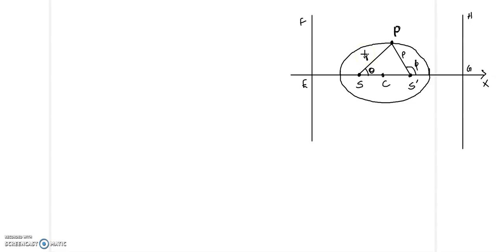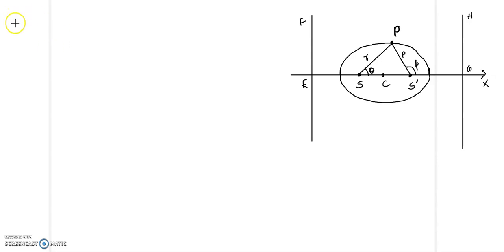So using those two equations, with respect to these two foci S and S dash, we will obtain a ratio which is tan theta by 2 by tan phi by 2.